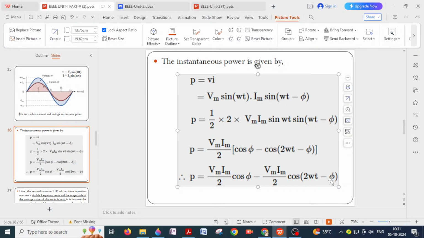And what is our instantaneous power now? P is equal to Vm Im by 2 cos phi. We are neglecting the second term because its magnitude changes with double the frequency, and for one complete cycle it will become 0. So P is equal to 1 by 2 Vm Im cos phi.